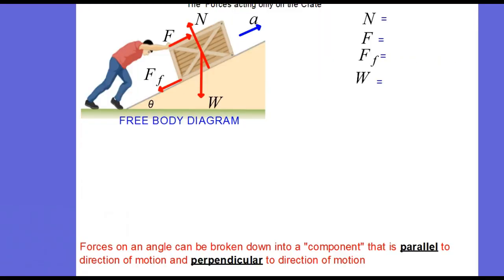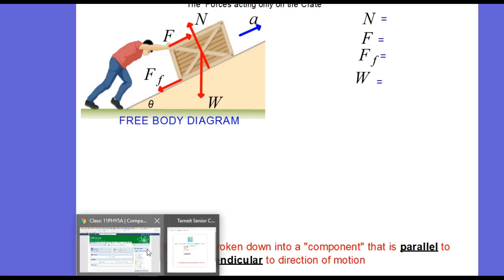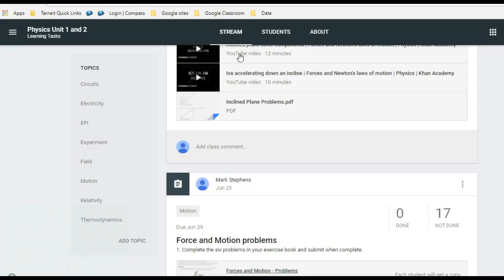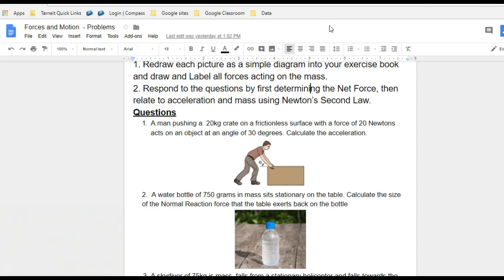So what we'll do before we commence and get into our inclined plane, what I want to bring you towards on your Google Classroom is a number of force problems that require you to look at the diagram, and you have to redraw each picture and label all the forces acting on the mass in the same way we had done last lesson.